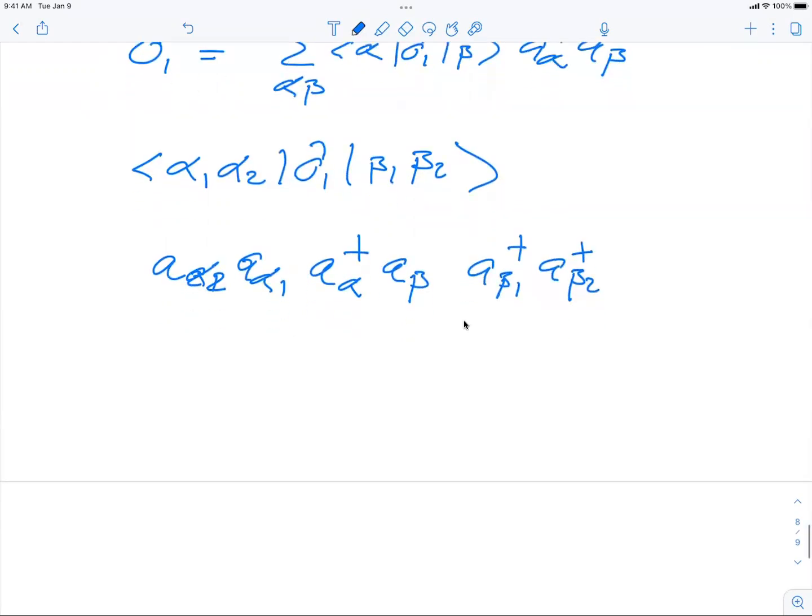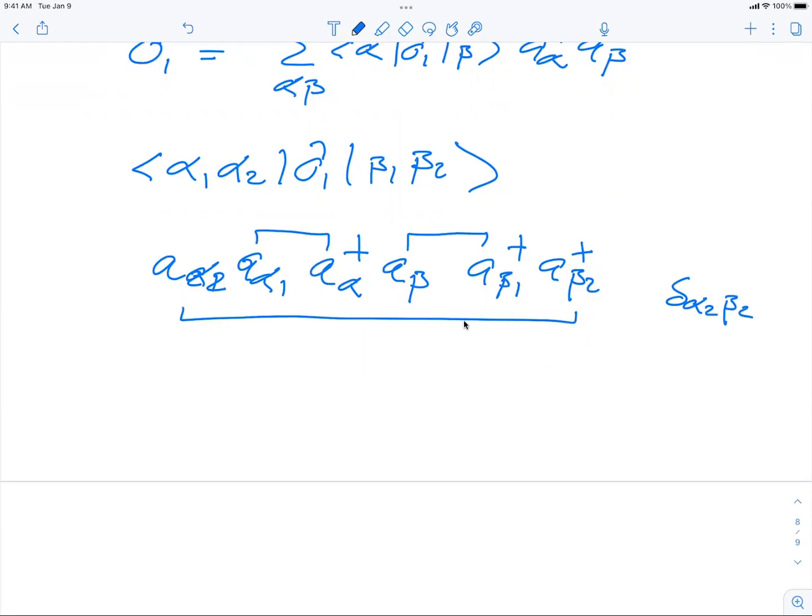So let's look at the possible contractions we can have. Since this is a one-body operator, they can act like this, or they can act on that one. So these are strings of normal ordered operators. In this specific case, we need to have delta alpha 2 or beta 2 here.